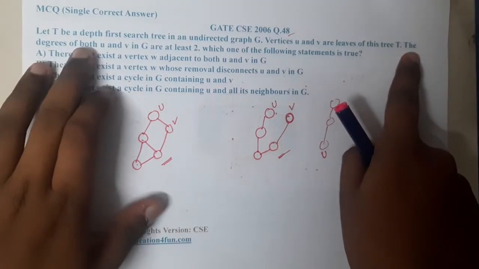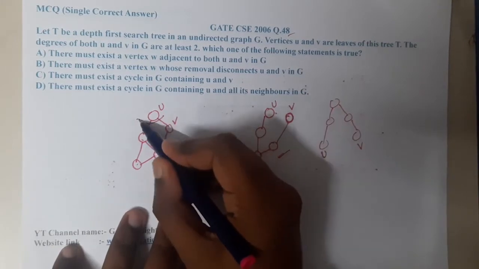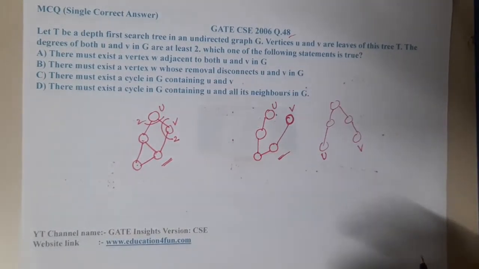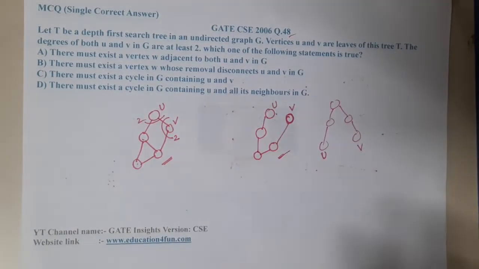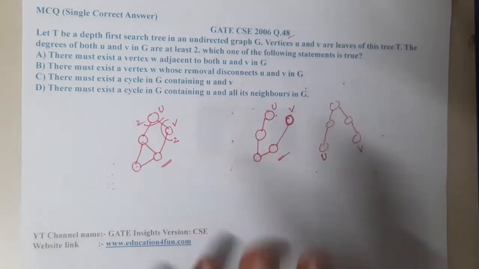The degree of both u and v in the graph is 2. Degree is nothing but the number of outgoing or incoming edges. Here they are not directional, so it is simply the number of edges. So it is 2. Which one of the following is true?